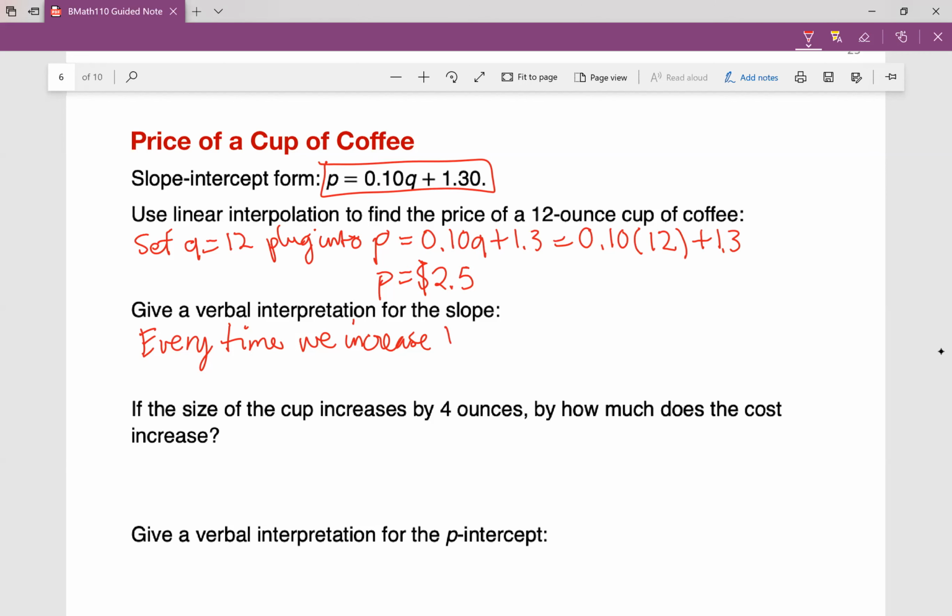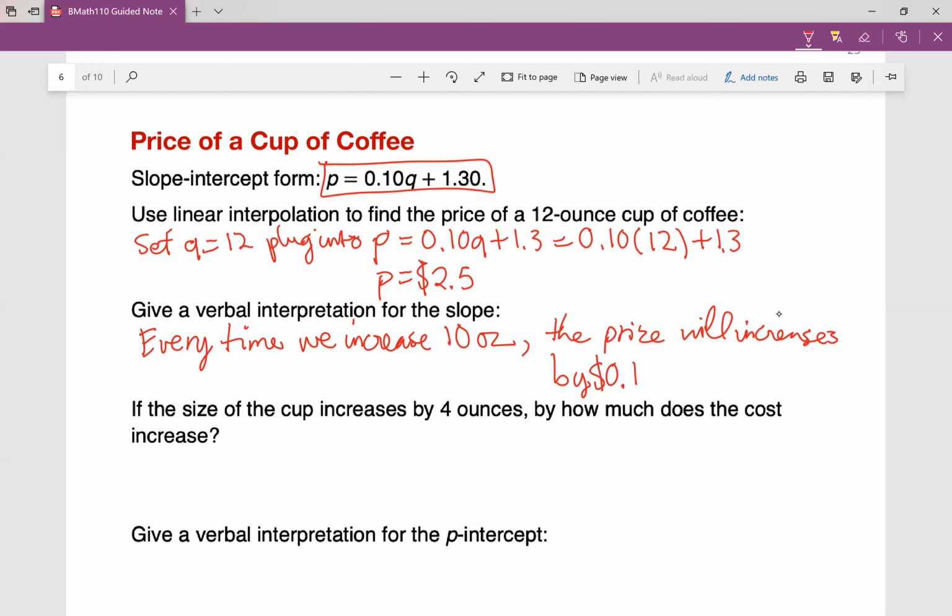So every time we increase 10 ounces, the price will increase by $0.1.